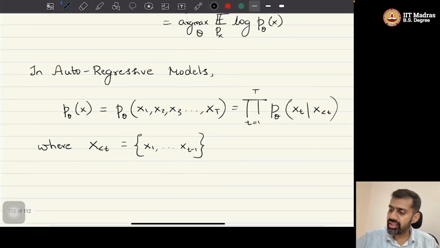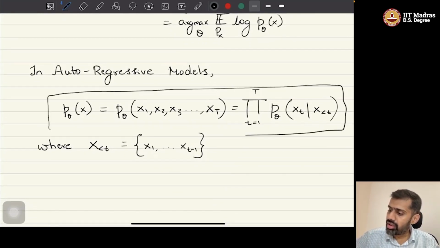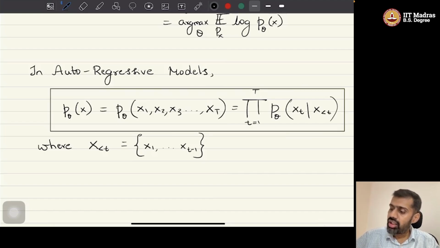We are simply saying that this is the definition of an autoregressive model, where the likelihood of a particular data point, which is a sequence, is modeled as the product of multiple conditional distributions of each single data point xt conditioned on everything that precedes it.